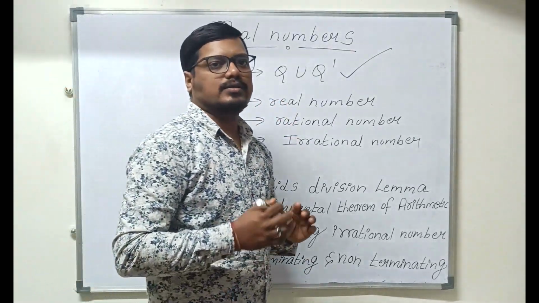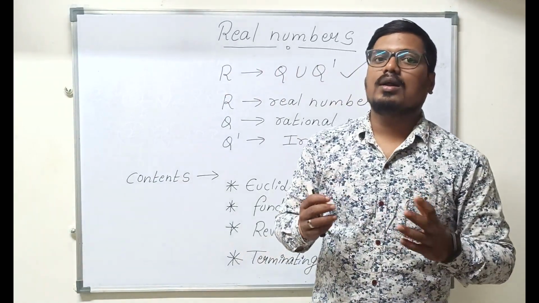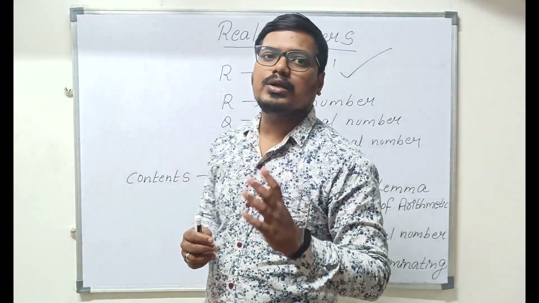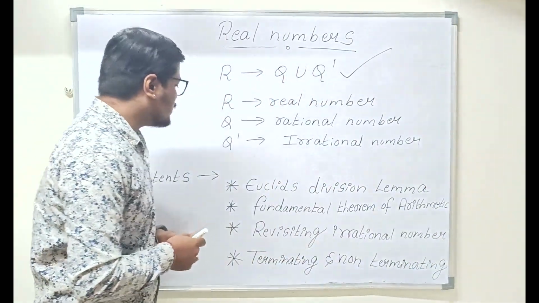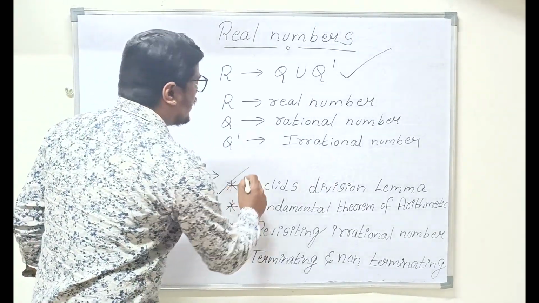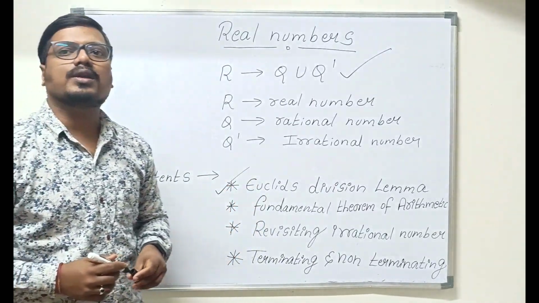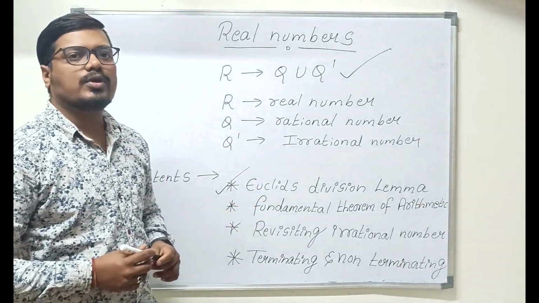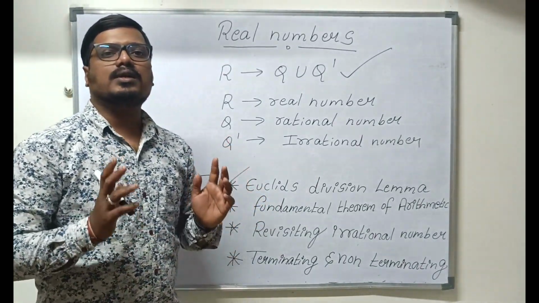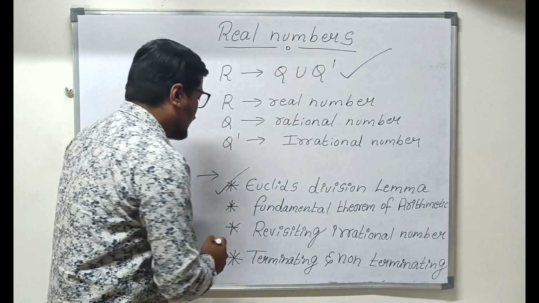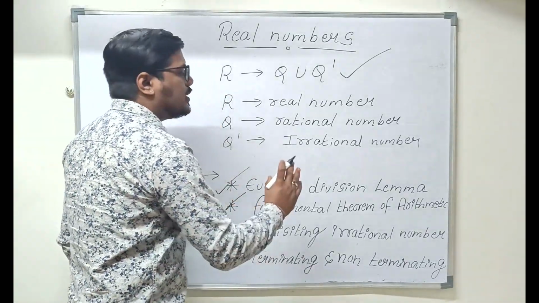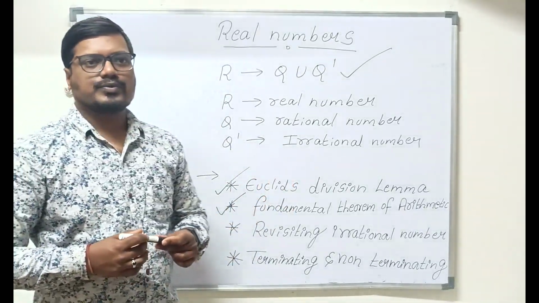The contents given in your 10th standard mathematics book related to real numbers are: first, Euclid's division lemma. The second concept is the fundamental theorem of arithmetic.